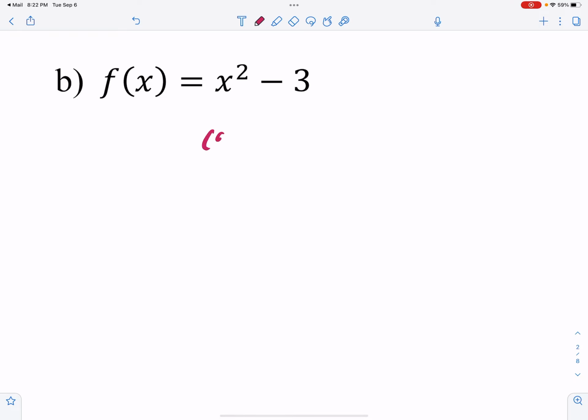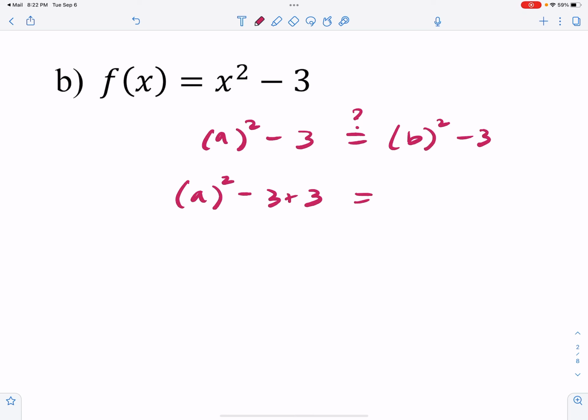So we would have a squared minus 3 on the left, b squared minus 3 on the right. We think about adding 3 to both sides. And then we have a squared on the left, b squared on the right.